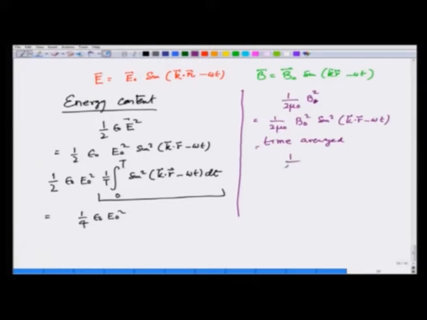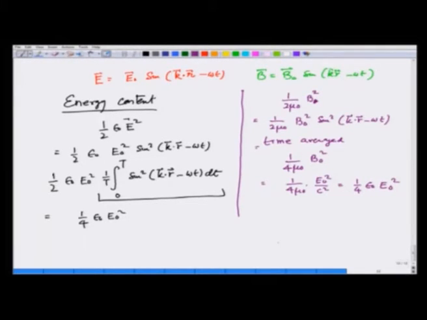So, this becomes 1 over 4 mu 0 B0 square. Recall from the previous lecture that B0 is nothing but E0 over c. So, this becomes 1 over 4 mu 0 E0 square over c square, but 1 over c square is mu 0 epsilon 0. So, this becomes 1/4 epsilon 0 E0 square.